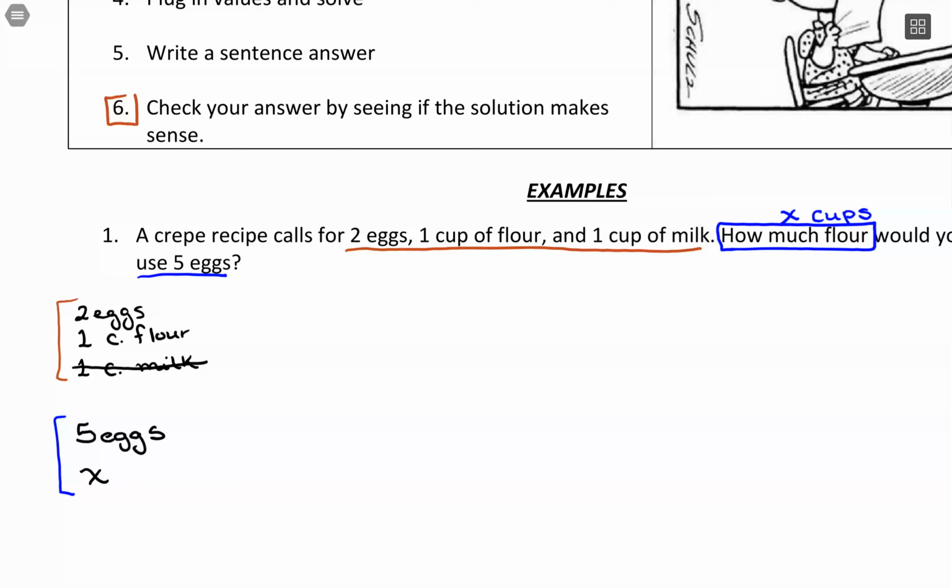Now this scenario here, that we've seen before, in terms of describing one case and comparing it to another case to solve for the unknown, is a proportion problem. So what we can do is set up proportions where we know that it would be 2 eggs to 1 cup of flour.